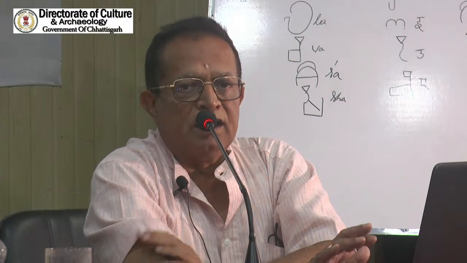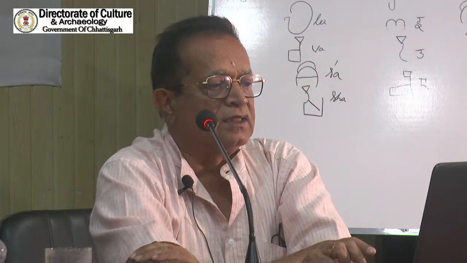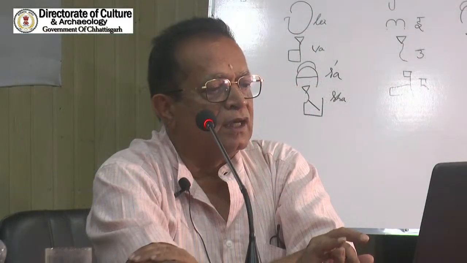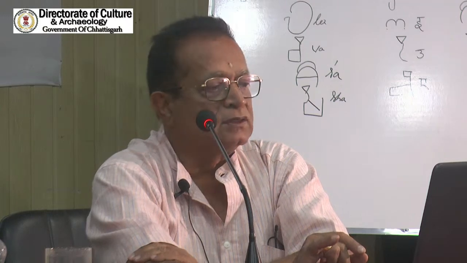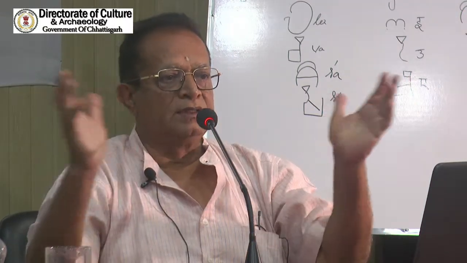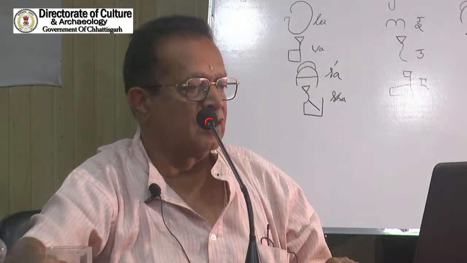For easy understanding and appreciation, the seals under study have been broadly classified into three categories: letters on the legends on the sealing without head mark, letters with small head marks, and letters with box head. So when I examined a few, these are the things which I came across.